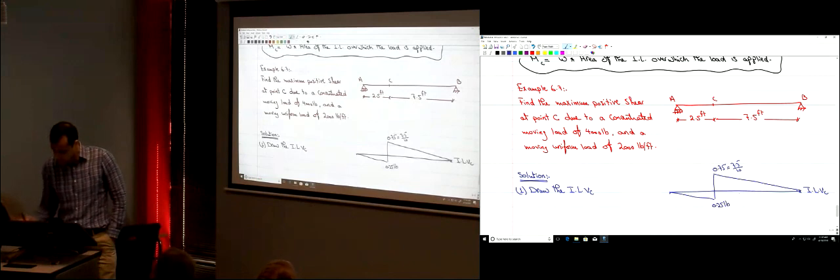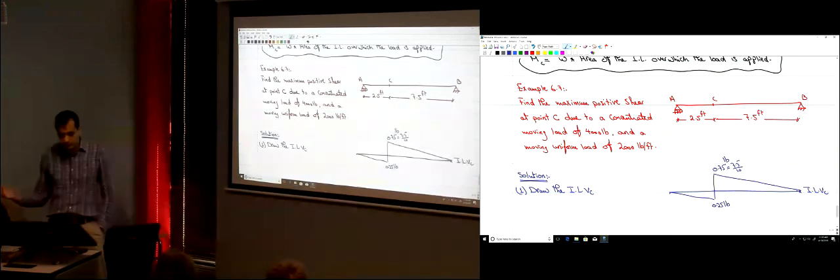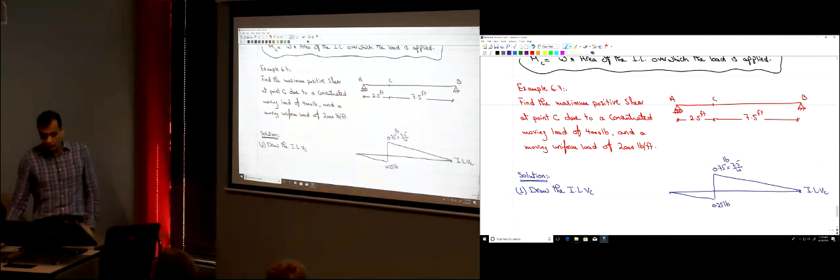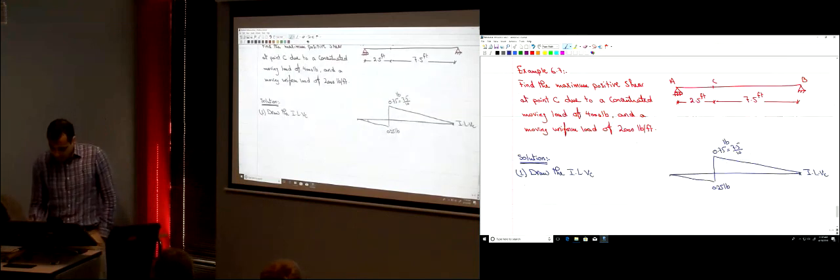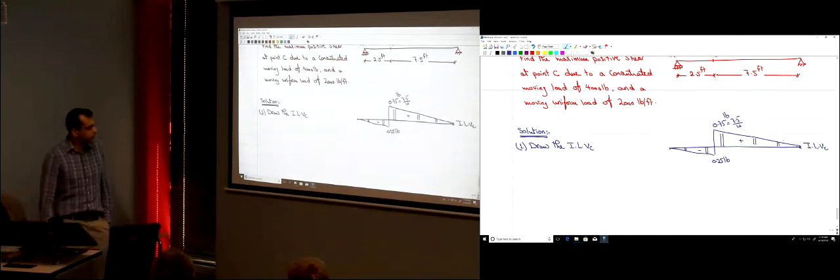The units are pounds because it represents the shear. Pounds or kips, no problem. So that's how the influence line of VC looks.